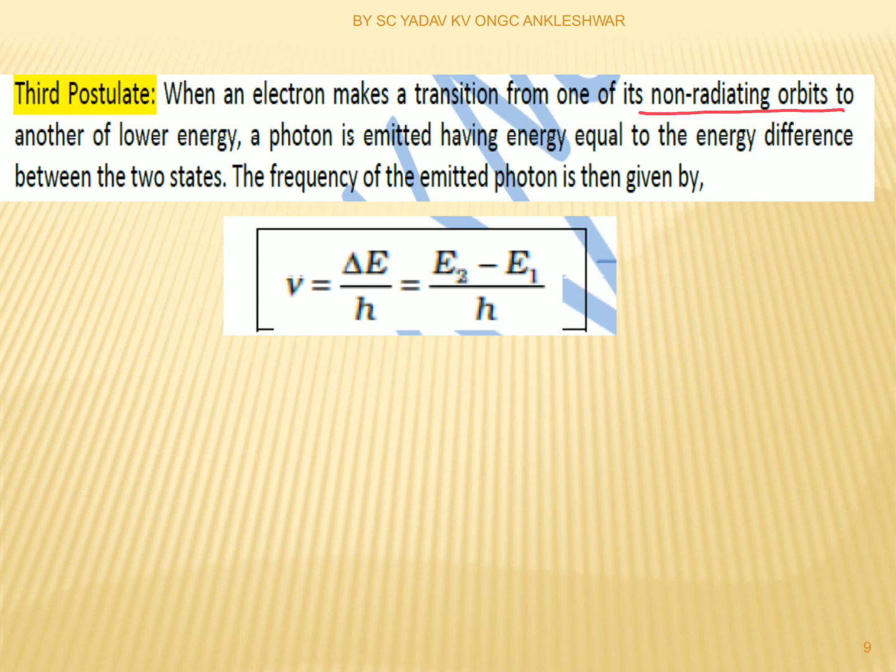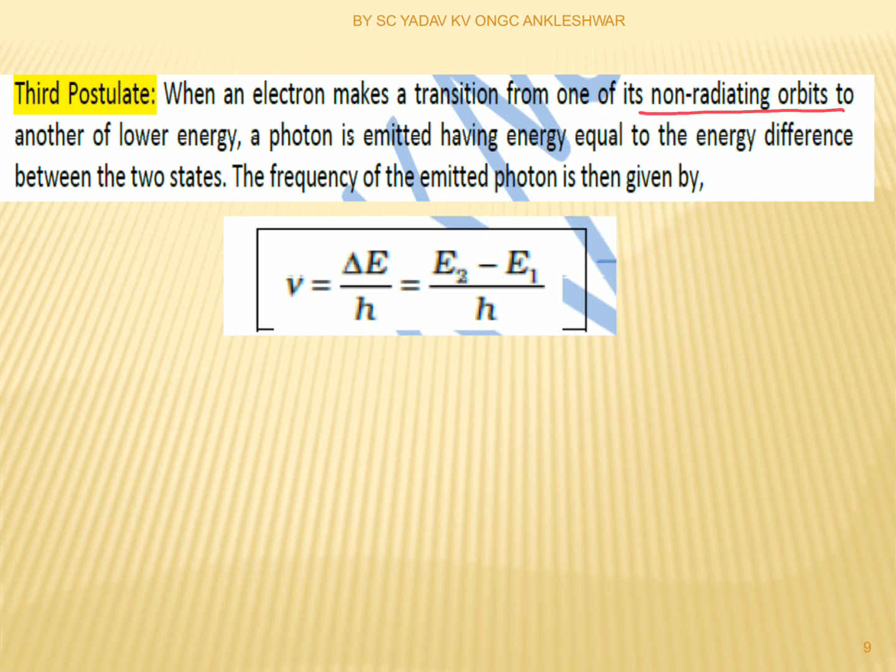And only those circular orbits, only those stationary orbits, only those energy levels are possible for an electron in which the angular momentum of the electron is an integral multiple of h by 2 pi. It means the angular momentum of the electron is quantized. Okay, these two points are clear.